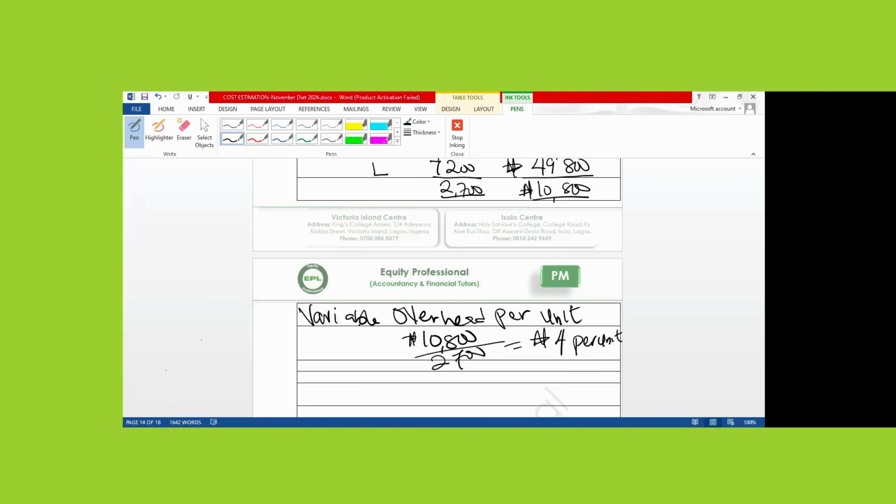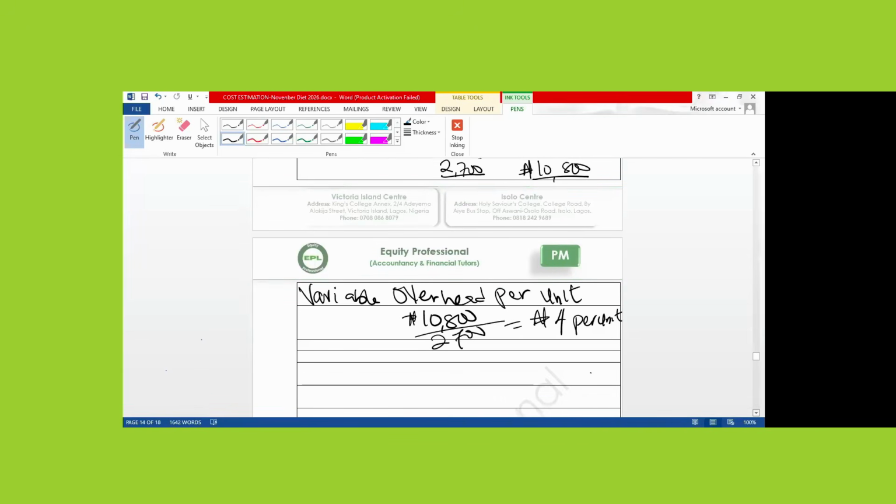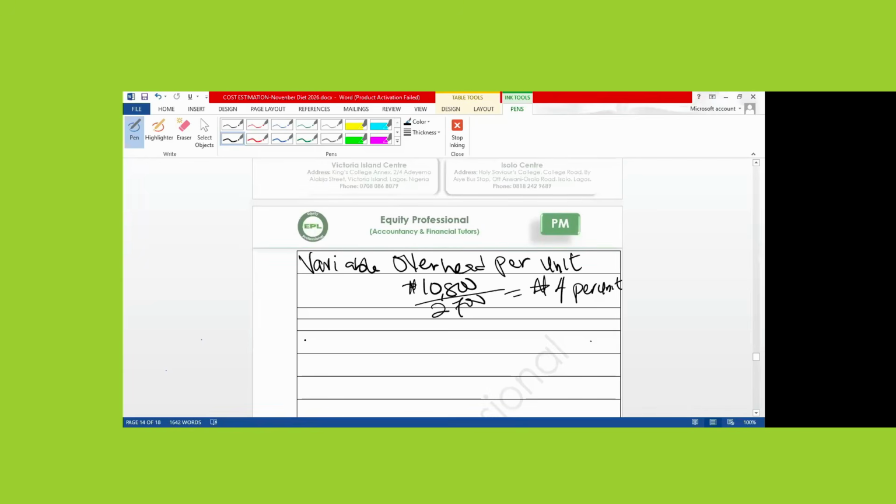We have gotten variable overhead cost per unit. Now determine total variable overhead. You can do this either at the highest level or at the lowest level.